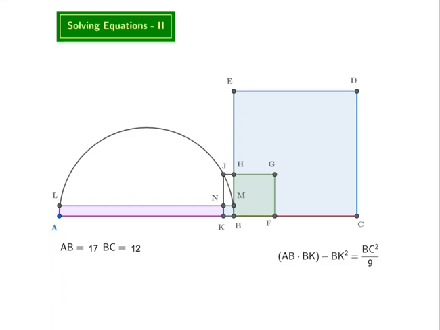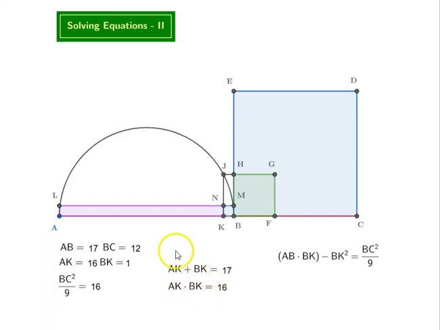Okay, so now what do we have? We have AK is equal to 16 and BK is equal to 1. BC square by 9 is equal to 16. So AK plus BK is 17. AK times BK is equal to 16. Yes.